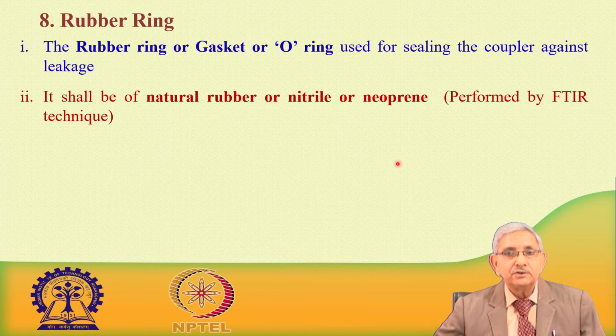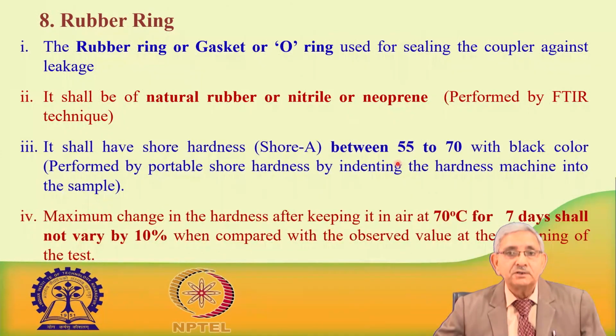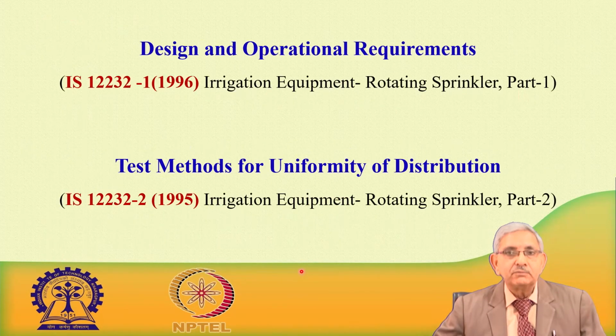It should pass a specific test: the black color performance and Shore hardness are checked at a temperature of 70 degrees centigrade, kept for 7 days, and then the deformation is measured, which should be within 10% of the value.